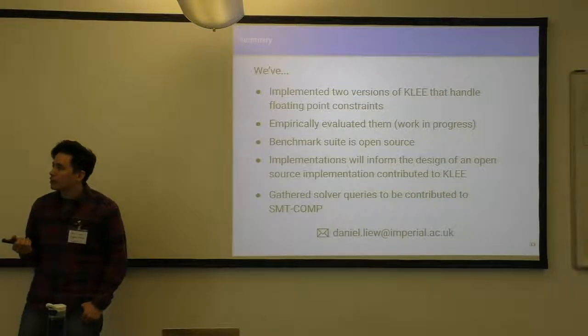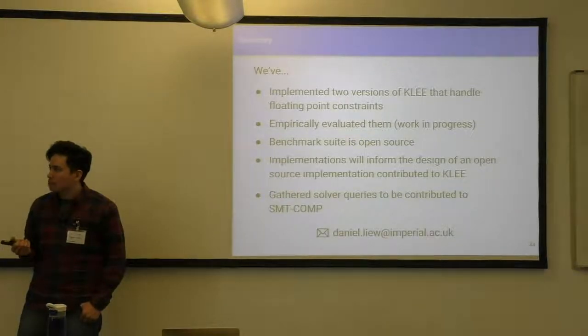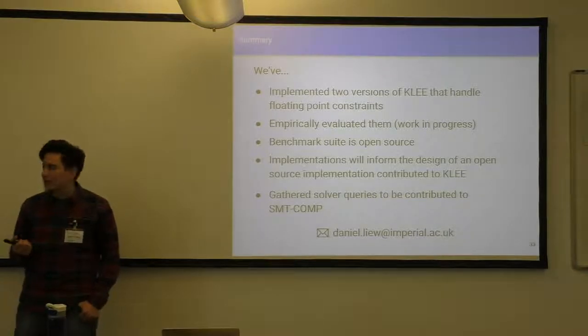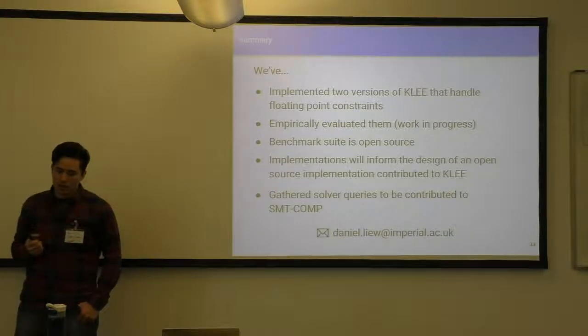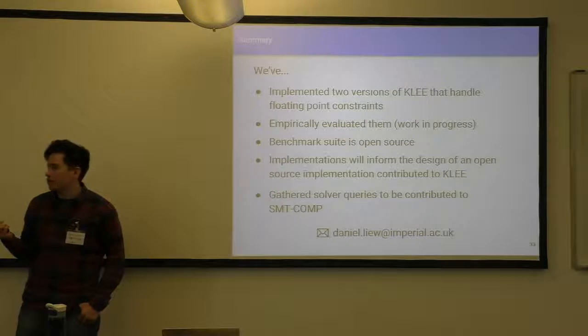And do you have any idea of how long it would take to symbolically check that? Let's say it was arrays of 1,000 floats or something. That would take a long time. Like a day or? Well, we didn't even try with that much symbolic data. We did a few examples of matrix multiplication, but we found we had to make it only partially symbolic in order to generate a few interesting test cases, because the solvers really are just not fast enough at the moment.